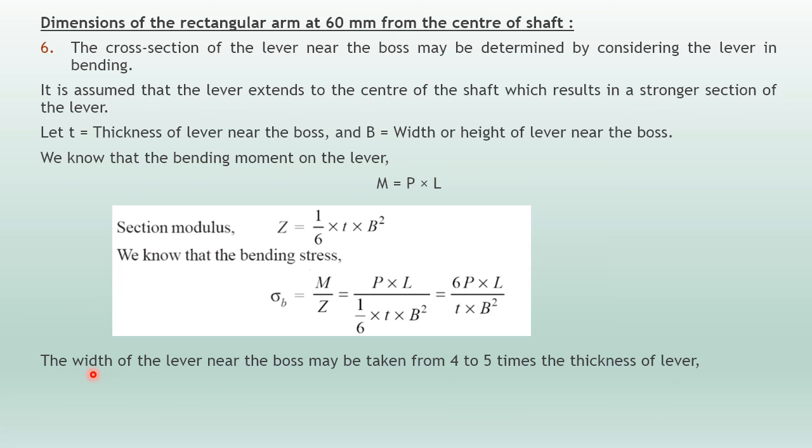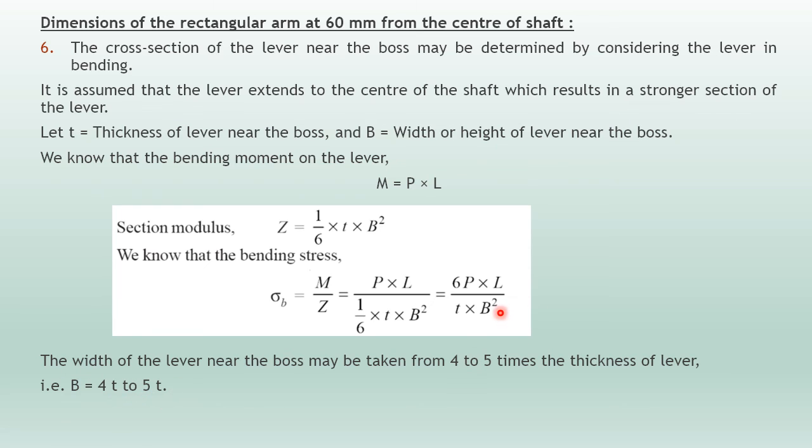And the width near the boss of the lever may be taken as 4 to 5 times that thickness of the lever, that is B equal to 4T or 5T.